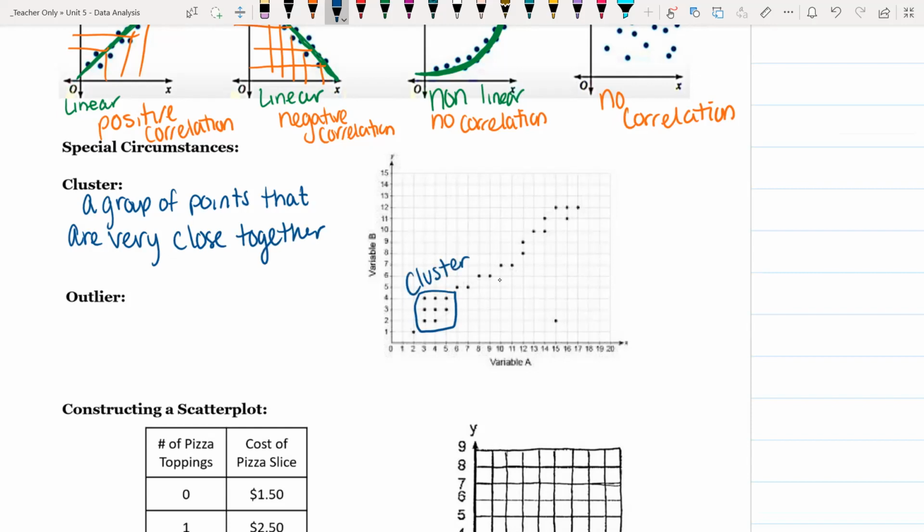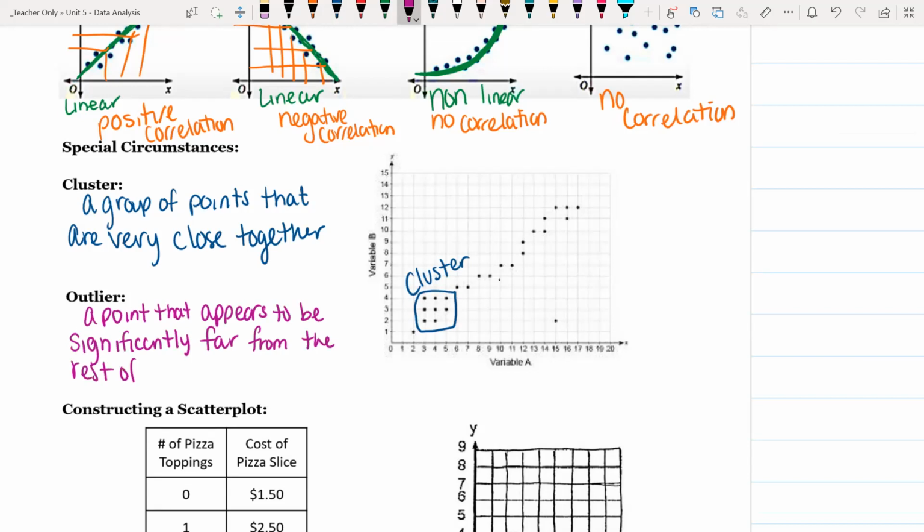An outlier is a point that appears to be significantly far from the rest of the data. So an outlier is kind of like a loner.